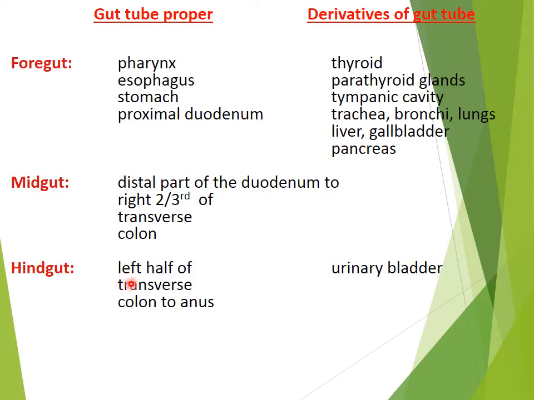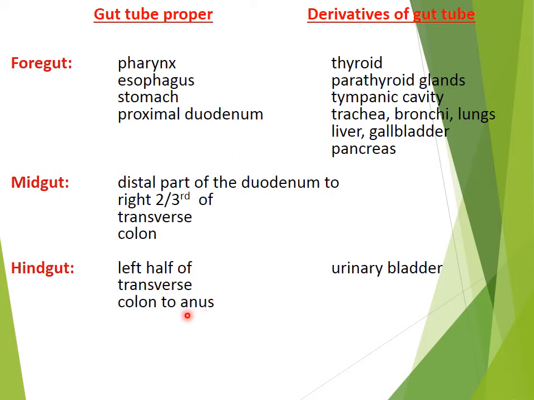Then the left 1/3 of the transverse colon, descending colon, sigmoid colon, rectum and till the anus, are the hindgut components. So the hindgut derivatives are the left 1/3 of the transverse colon till the anus.